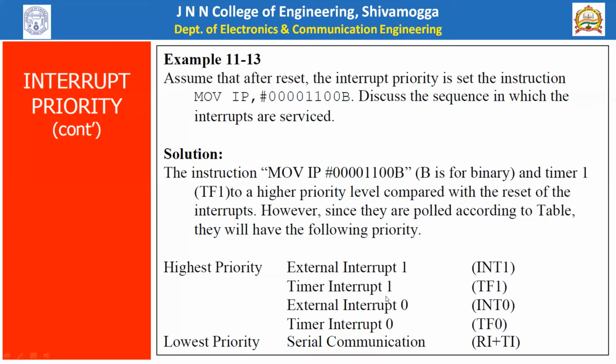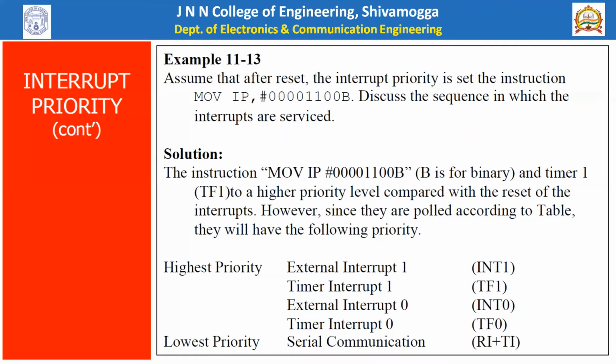Why is it so? Because here external interrupt 1 and timer interrupt 1 have been made high. But always remember, polling will always be done in the order which is already fixed. So in the fixed order, among interrupt 1 and timer interrupt 1, which has the highest priority?